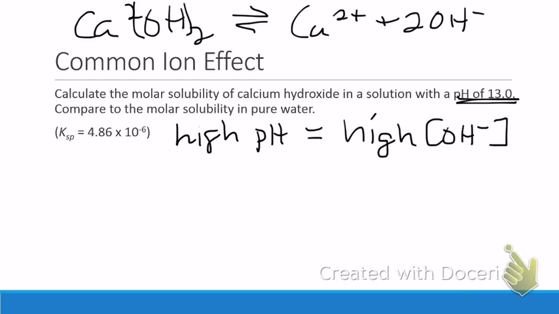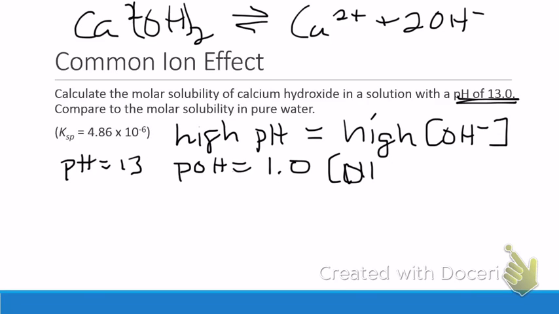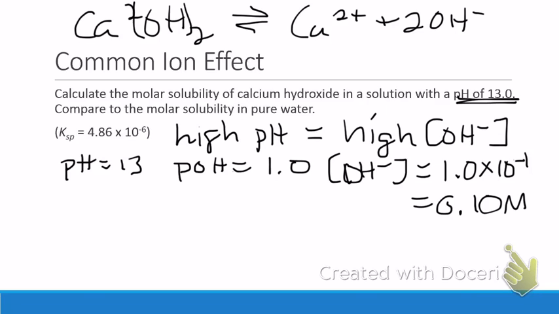We can do this because we're given the pH. We can then find the pOH, which will be 1. And then by raising 10 to the power of the negative pOH, we can get that our concentration of hydroxide is 1 times 10 to the negative 1 molar, or we can also write that as 0.1 molar for ease.